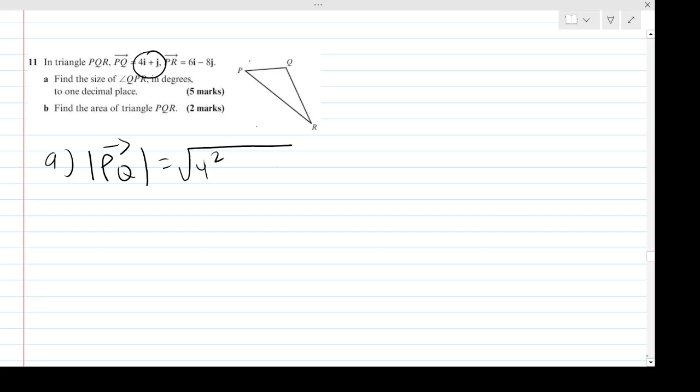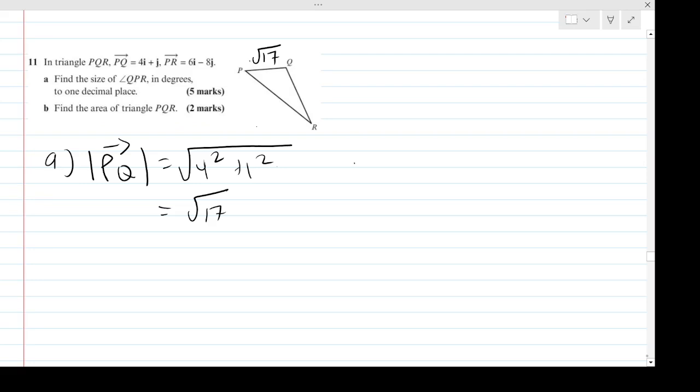That's 1j, there's a hidden 1, so add 1 squared. If I put that in a calculator, I get root 17.